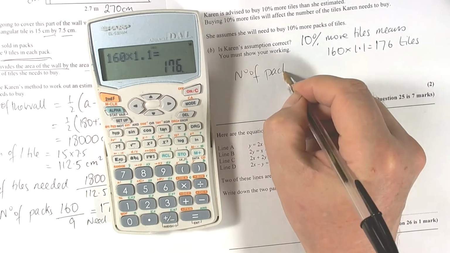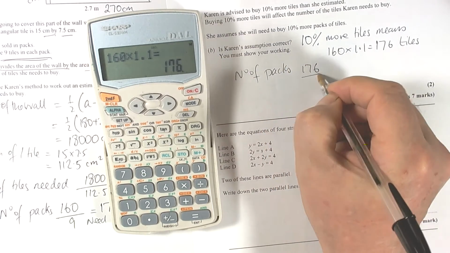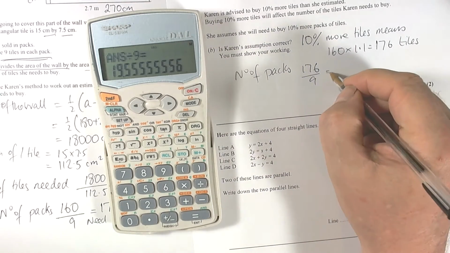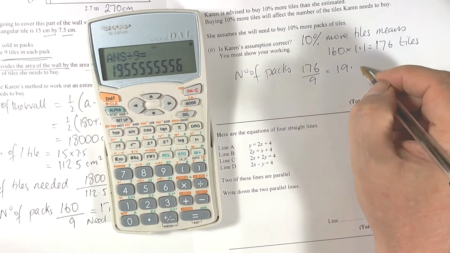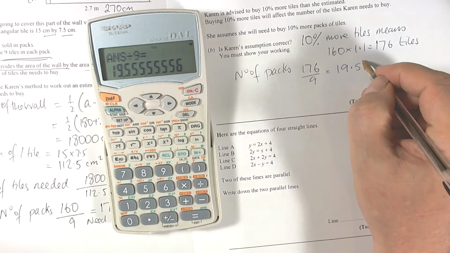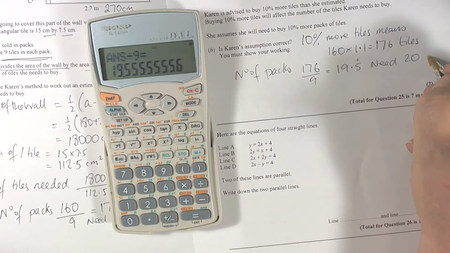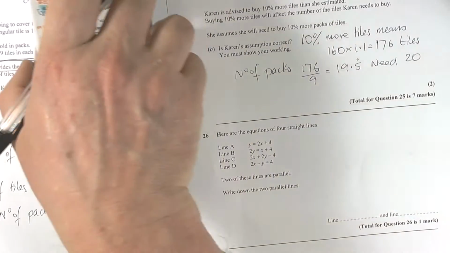Number of packs: 176 divided by 9, so 19.5 recurring. So I need 20 packs.